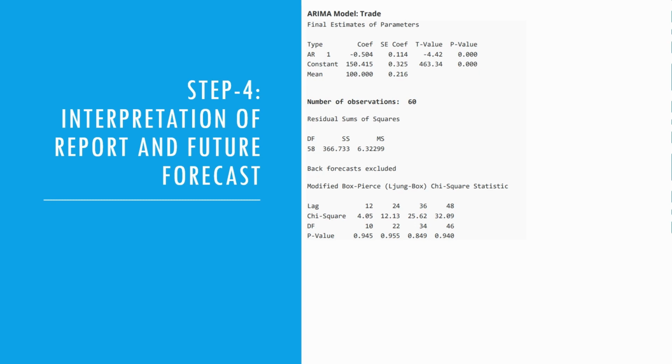So how to interpret the report? First of all, you will go for the residual plots, which I have not shown here because I don't have any data here. Just remember that you have to take out the residual plot and check for normality of the residuals and the time sequence plot. What is the time sequence plot?